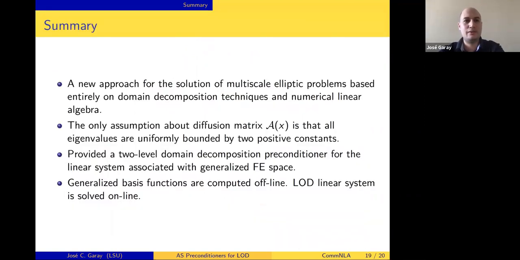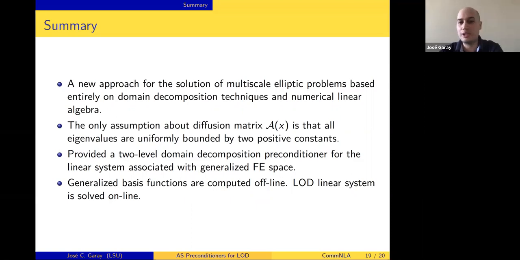To conclude, we presented a new approach for the solution of multi-scale elliptic problems that is based entirely on domain decomposition techniques and numerical linear algebra. The only assumption made on the diffusion matrix is that its eigenvalues are uniformly bounded by two positive constants.